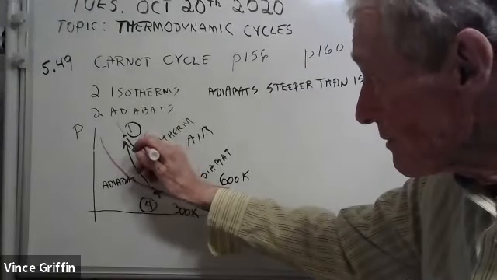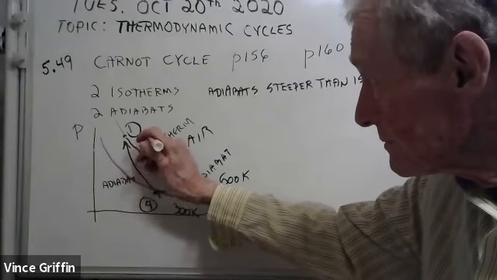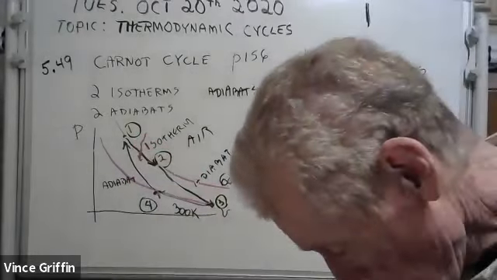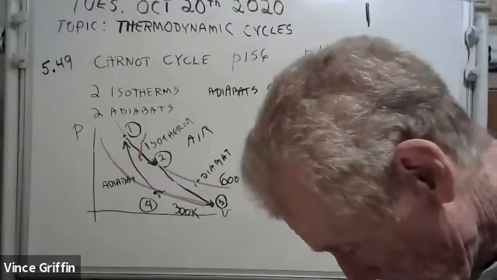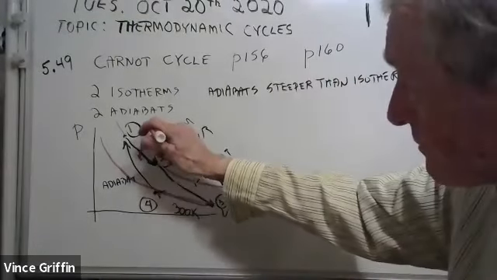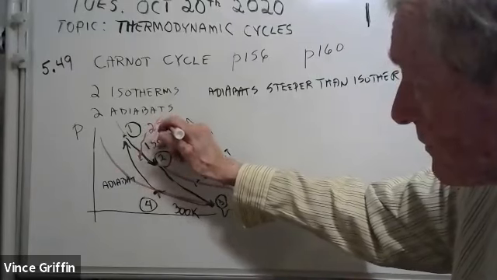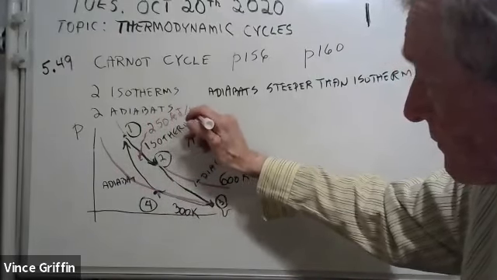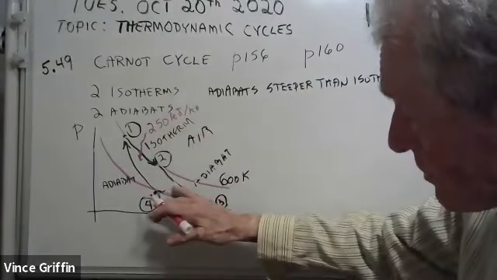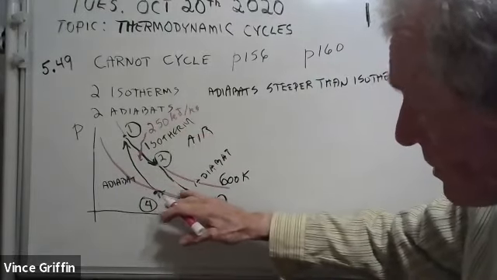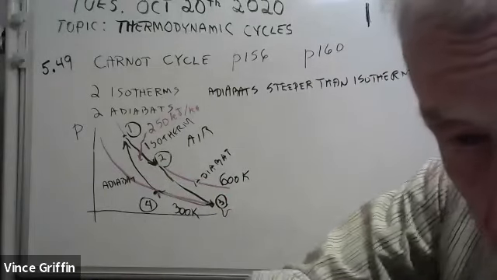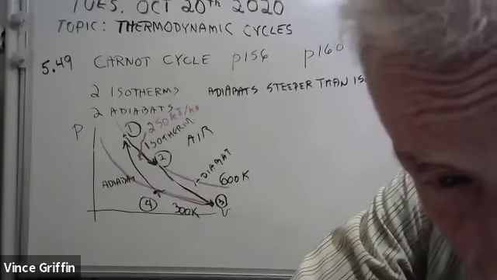The heat added at the high temperature is 250 kilojoules per kilogram. There isn't going to be any heat added on this adiabat. Now let me ask another wonderful student here.